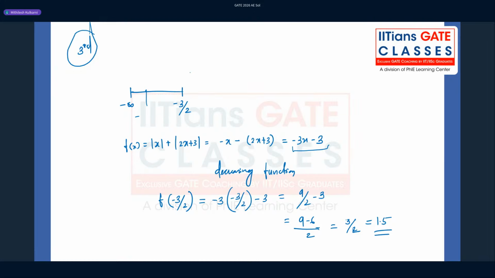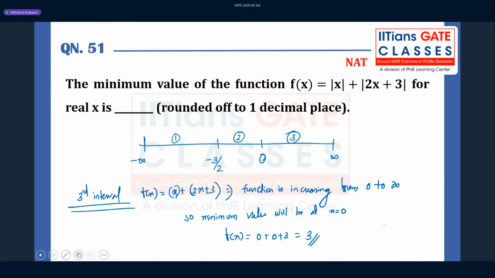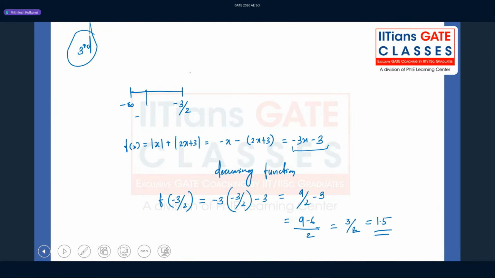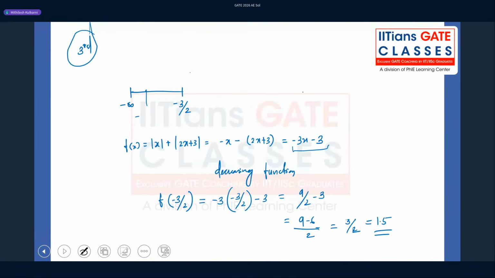So we got 1.5 in this range, minus infinity to minus 3 by 2. Similarly, in minus 3 by 2 to 0, we got 1.5. And then in the range 0 to infinity, we got 3. So in simple words, if you try to plot it, let me give you a bigger picture. Let's say minus infinity to minus 3 by 2, then 0, and then infinity.